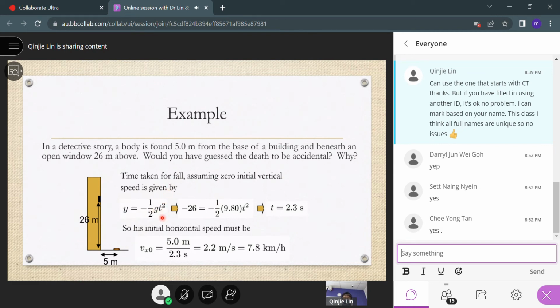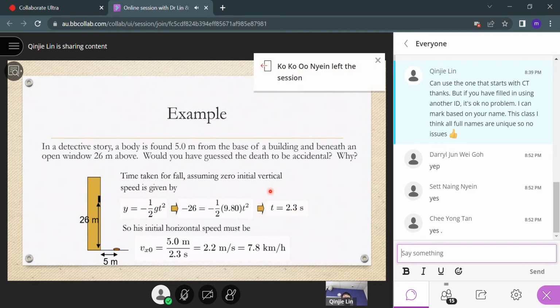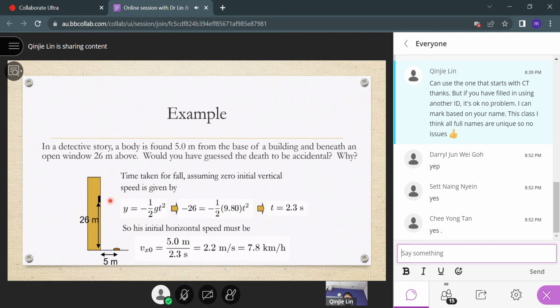Down here, if you put the values inside, you know the height that it is going to fall. g, of course, you know already. You will be able to find t, the time taken for the fall. In other words, if you drop something from here, no matter what the x velocity is, if you look at the y velocity only, you know that it's going to take 2.3 seconds to reach the ground.